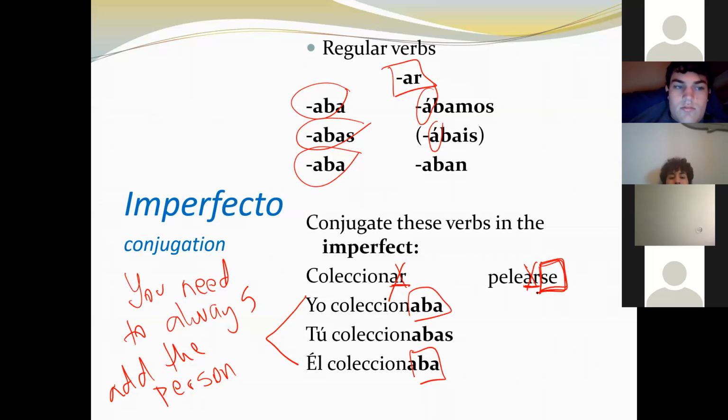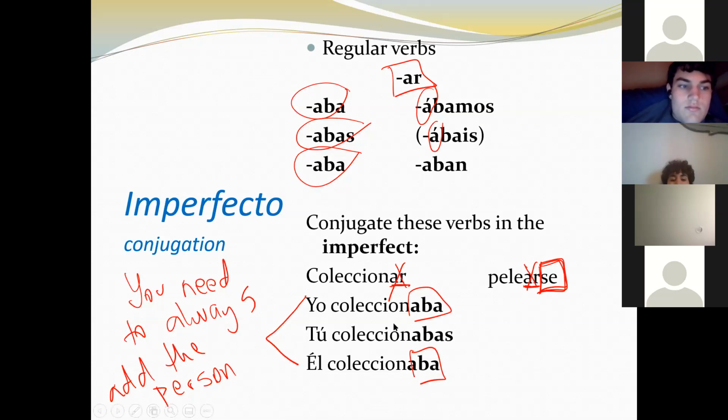Before the verb, what do you have to put? Is it me, te, or se? We call that the reflexive pronouns, remember? So if we have pelearse, what is the imperfect for the yo form? And don't forget your pronoun.